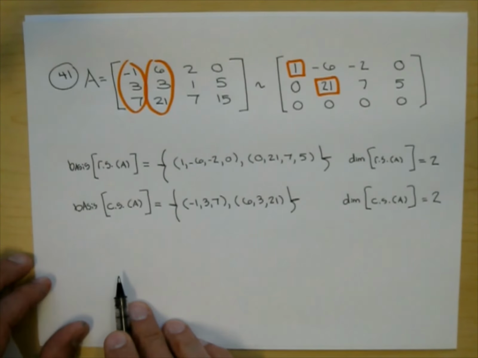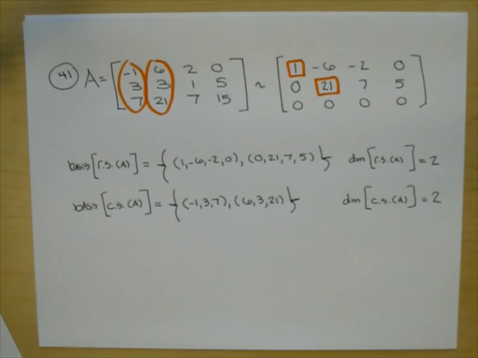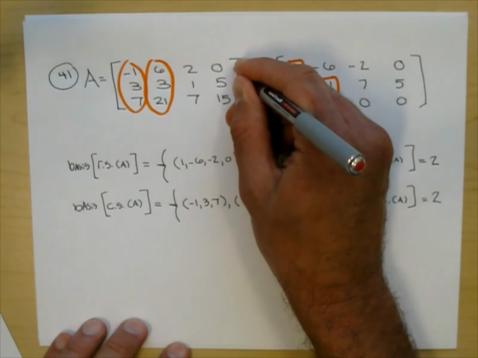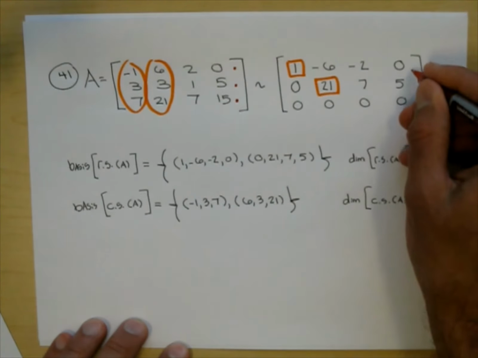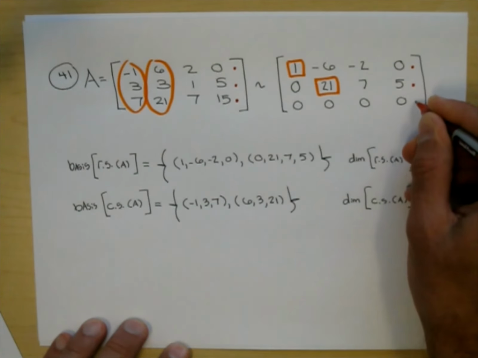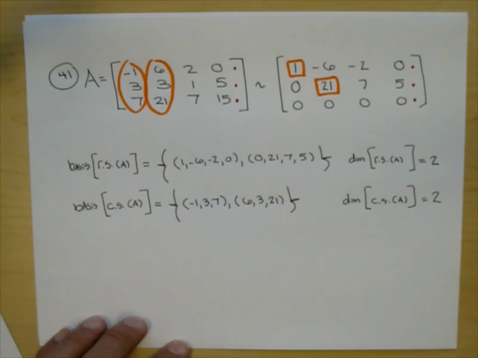The next thing I'm going to do is I'm going to find the null space. The null space I get by putting zeros along this column, and it's AX equals 0. And so you solve that homogeneous linear system.